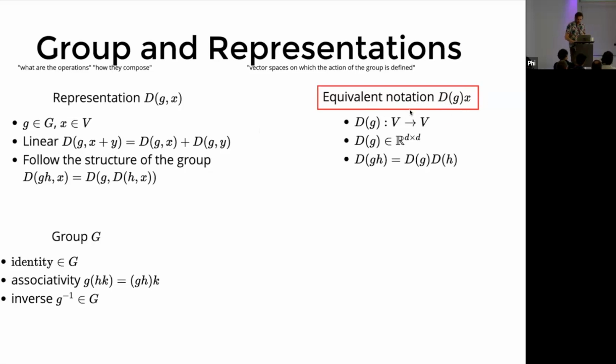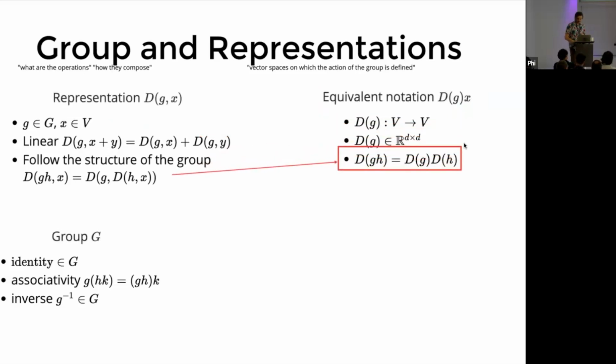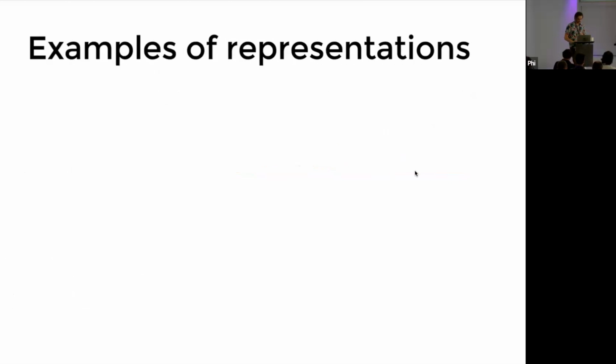In this case, following the structure of the group is now expressed this way. The matrix that represents GH is equal to the product of the two matrices that represent G and the matrix that represents H.